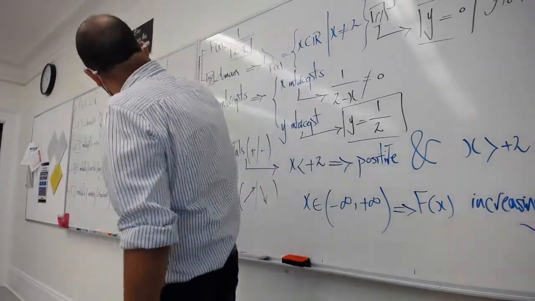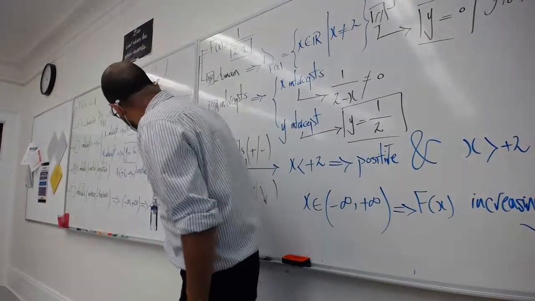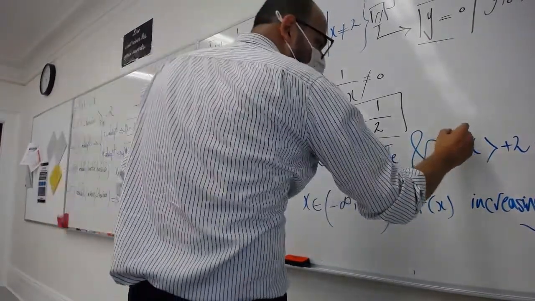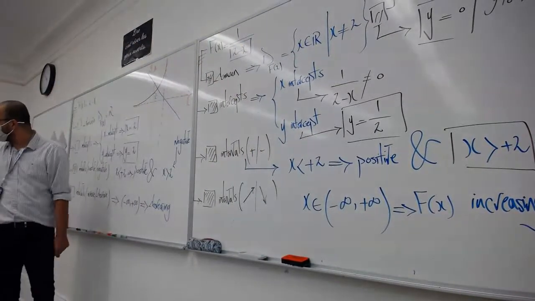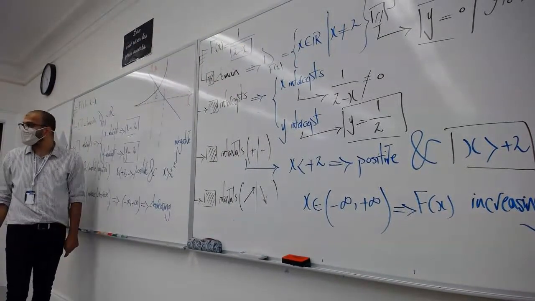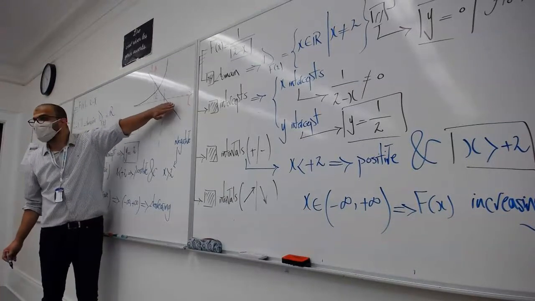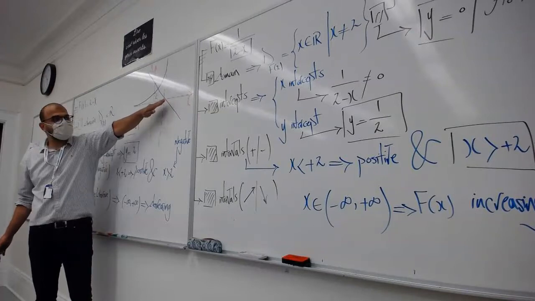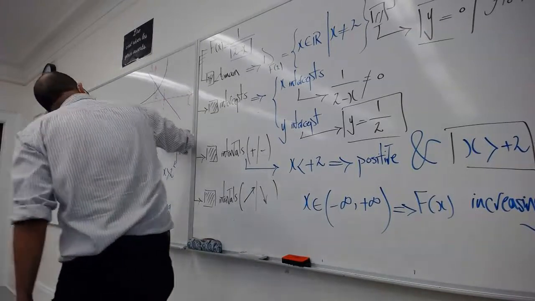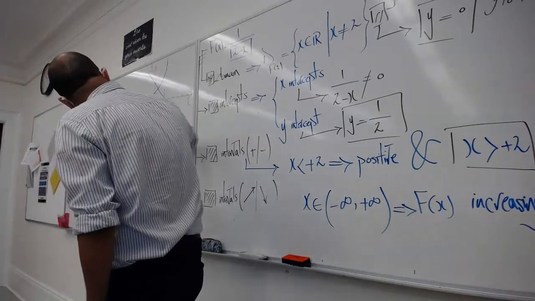Also, for x greater than 2, look at this part. For x greater than 2, the function is negative. It means that the function is going to be here, and also increasing. I start from here, I have to be below the x-axis.